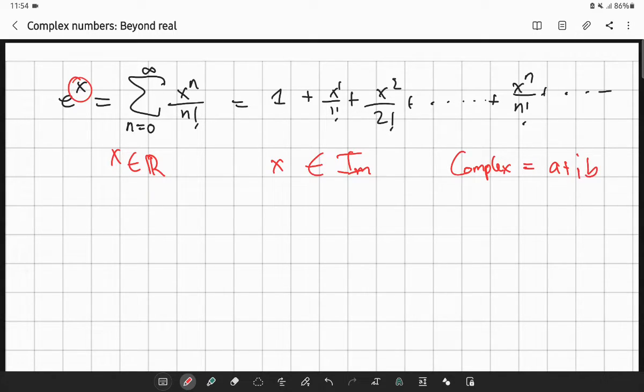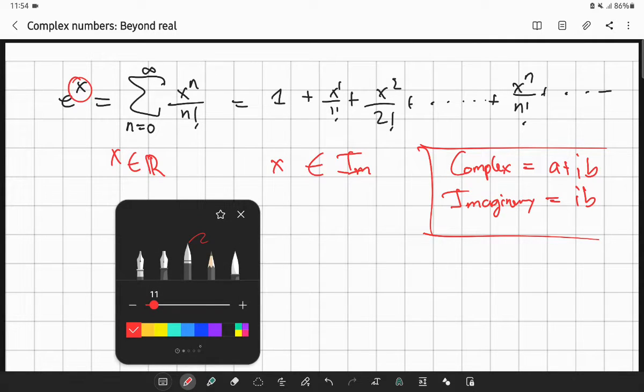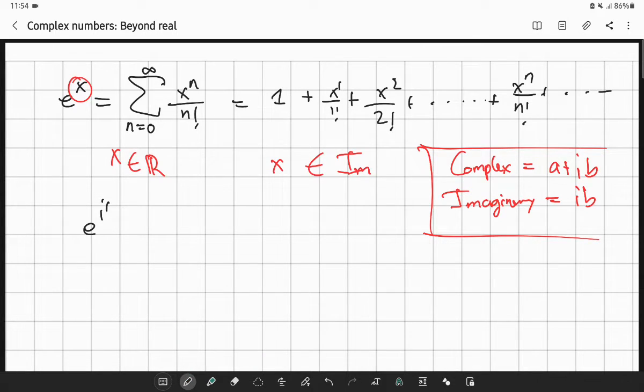When I say imaginary, I mean a number of the form ib. This is the difference between complex and imaginary, if you ever thought about this. Okay, now let's continue. I want e raised to i theta, right? So I need x to be equal to i theta.